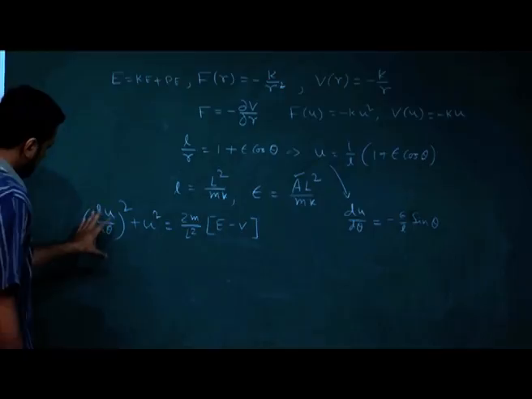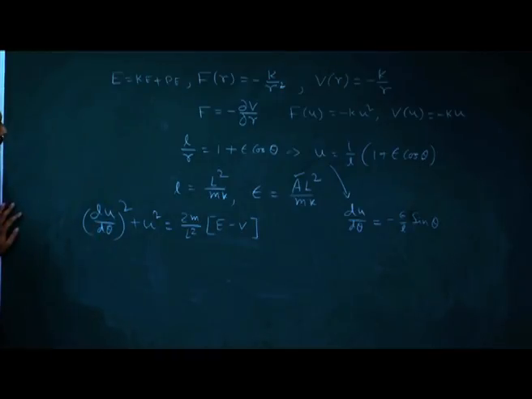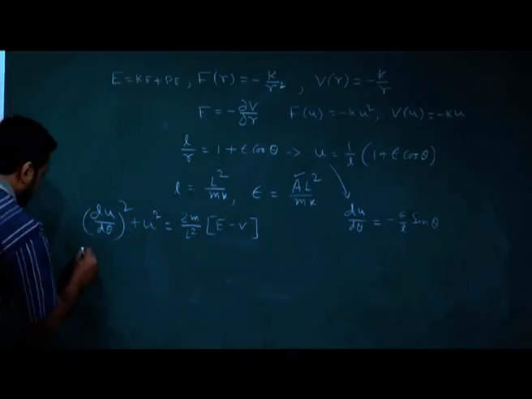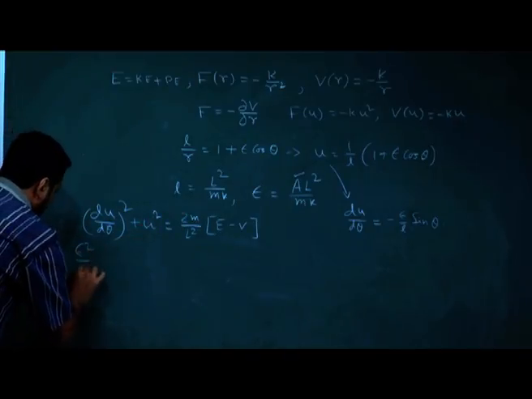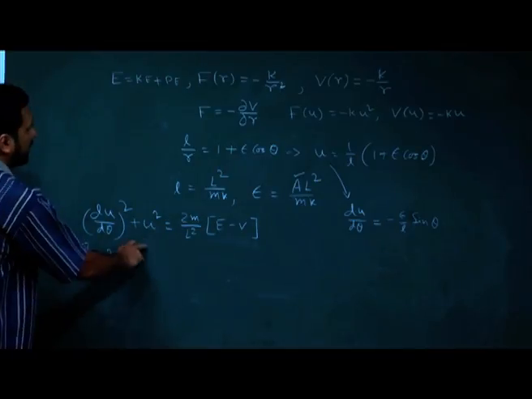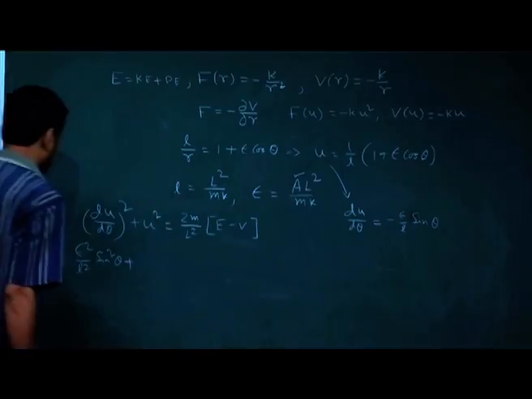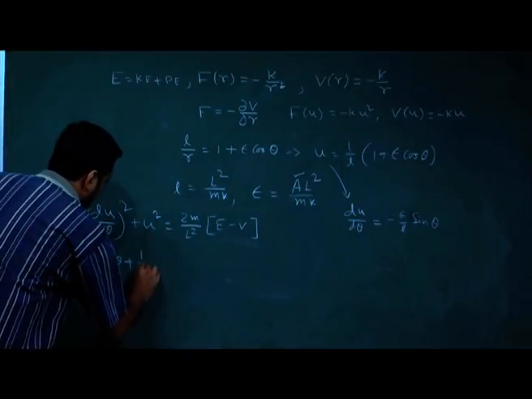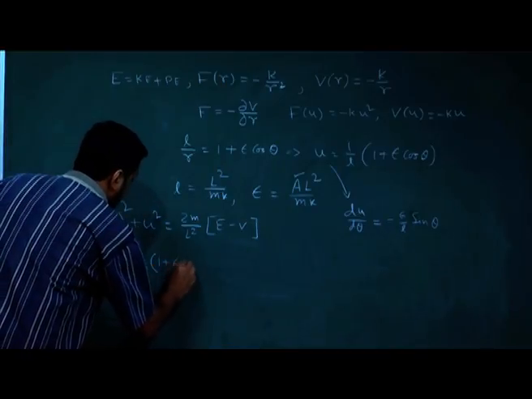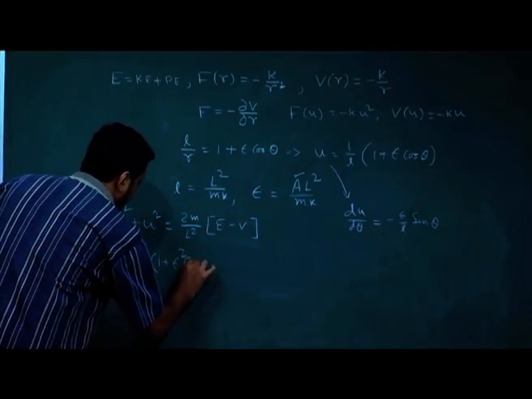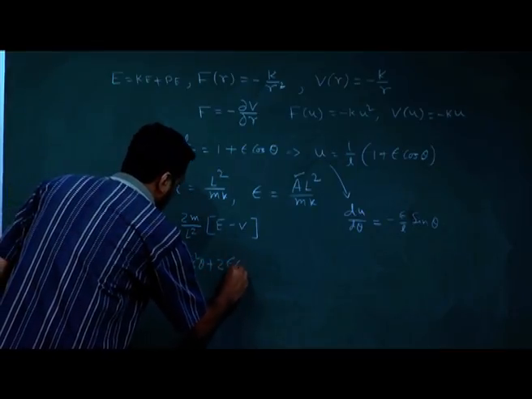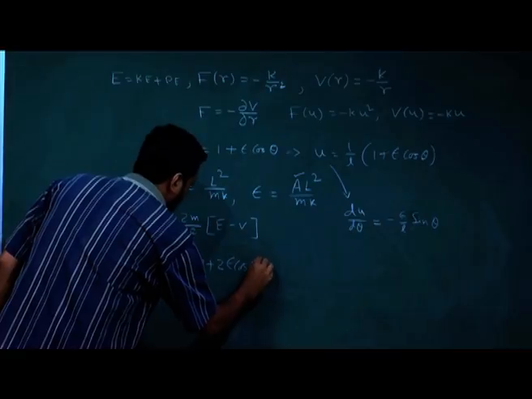So, if we put it here, then we immediately get the left hand side as epsilon square by L square sin square theta, and then we have u square, which will be given as 1 by L square into 1 plus epsilon square cos square theta plus 2 epsilon cos theta.